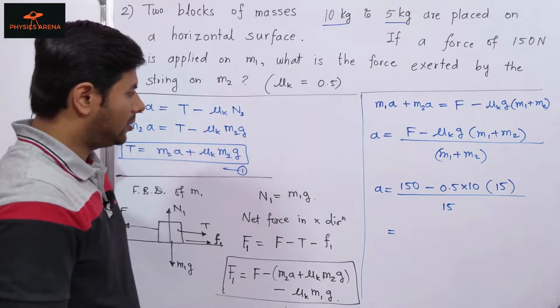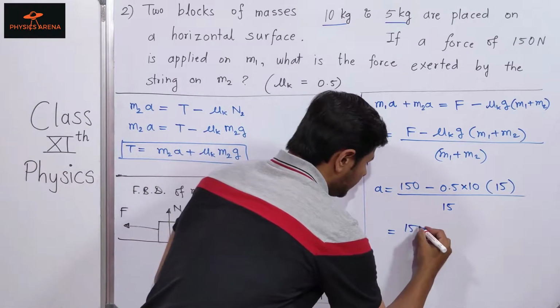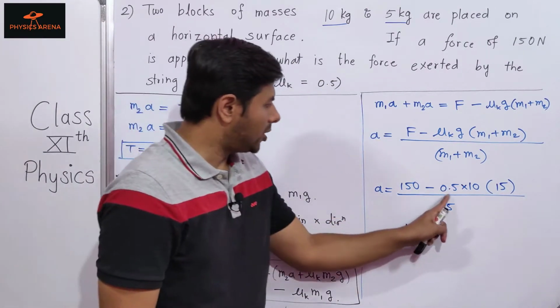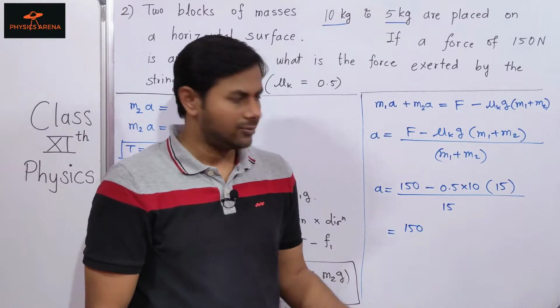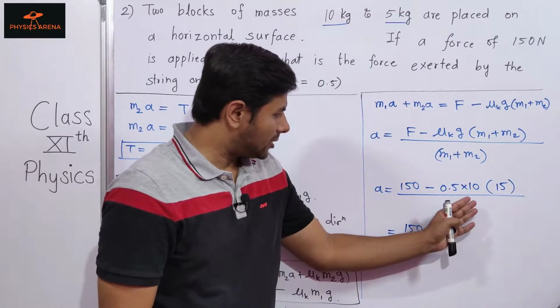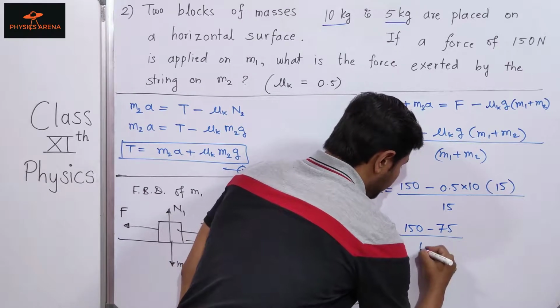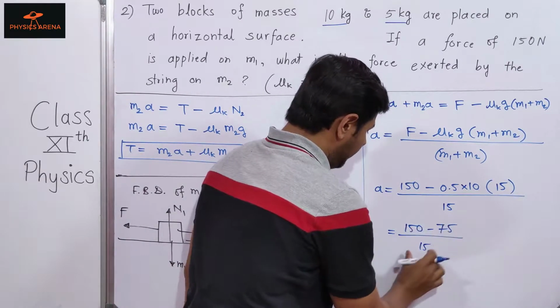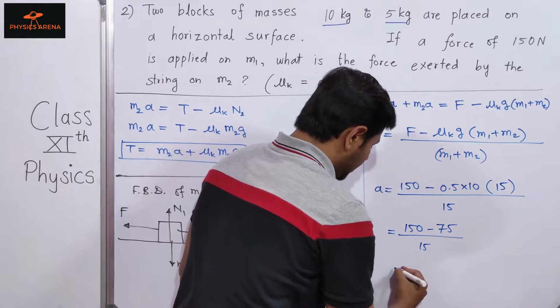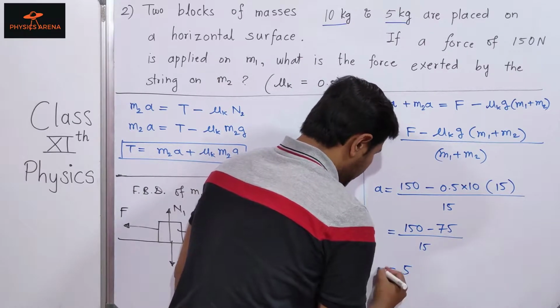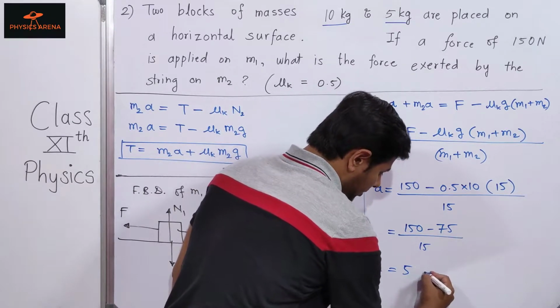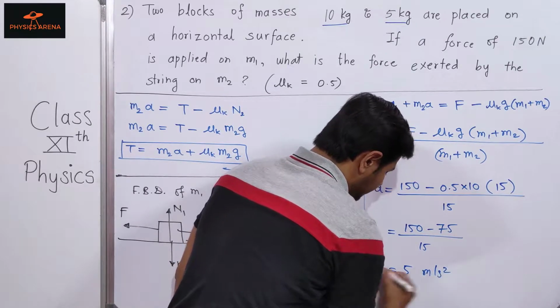So we have 150 minus 0.5 multiplied by 10 is 5. 15 5s are 75. So 150 minus 75 divided by 15, which is 75 divided by 15, which is 5. So acceleration is 5 meters per second squared.